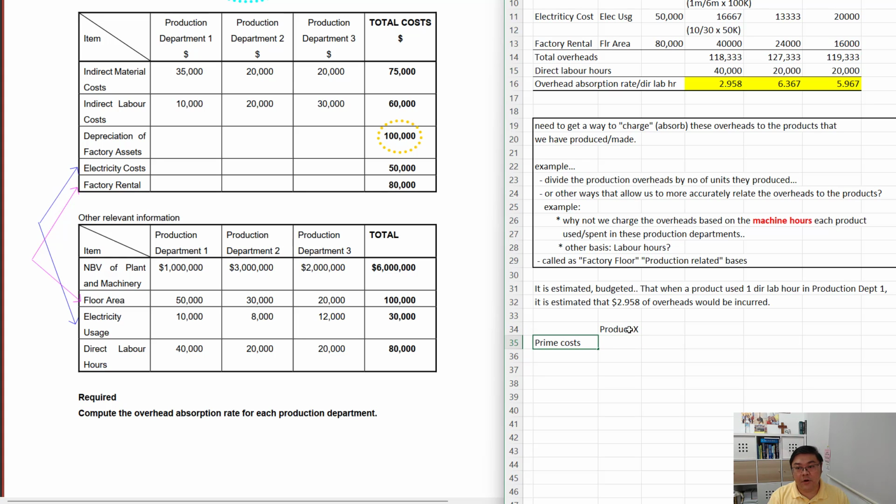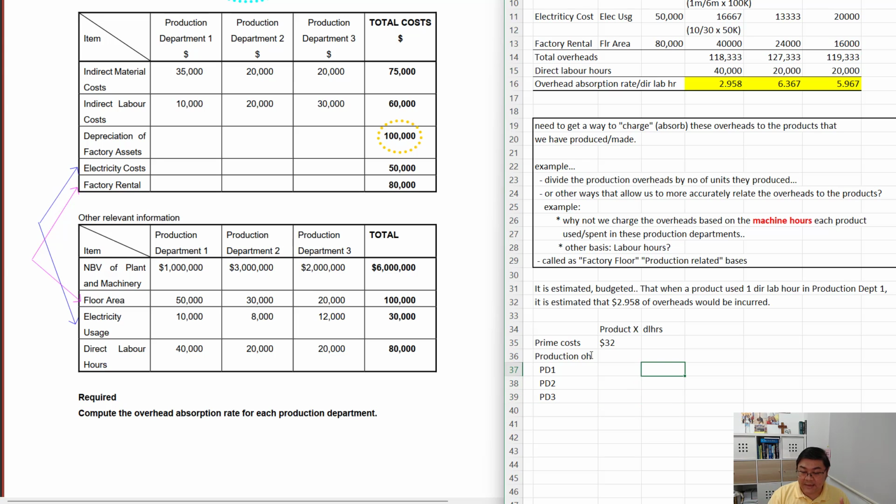Now, let's say I tell you that I make a product X, that the prime cost of product X is actually $32, but at the same time this product X will spend direct labor hours in the production overheads for production department 1, production department 2, production department 3.